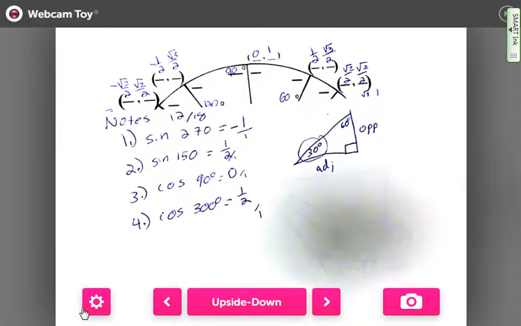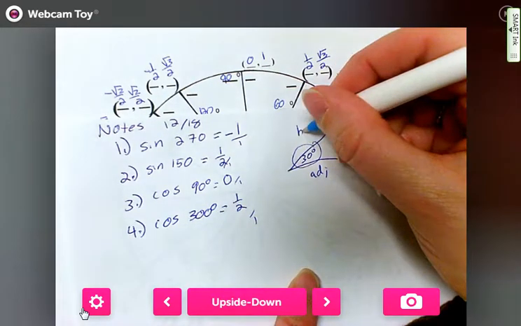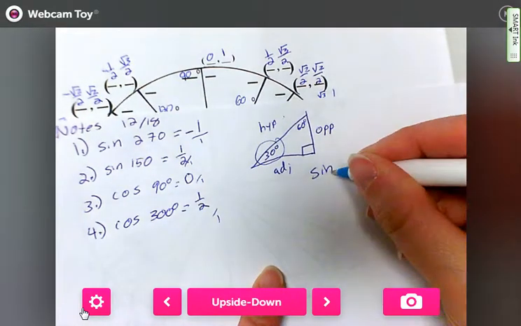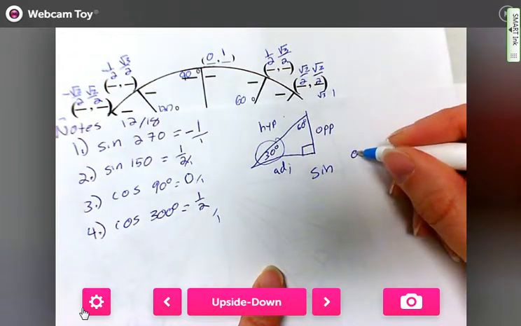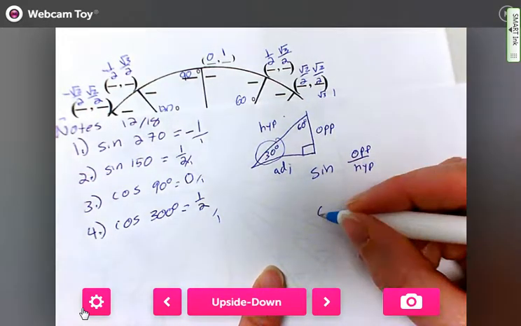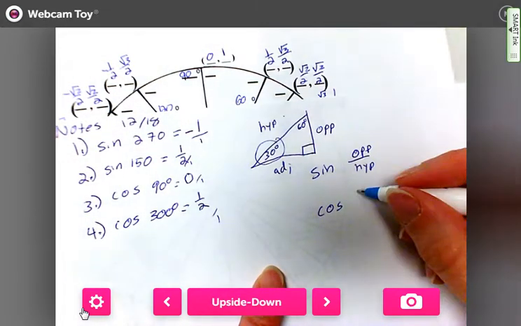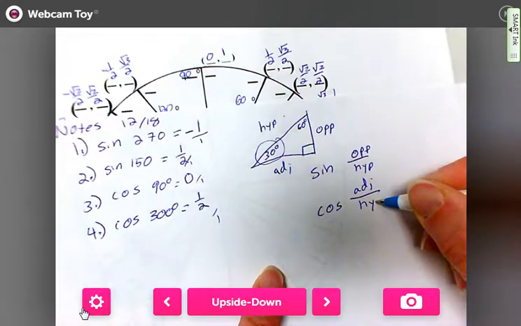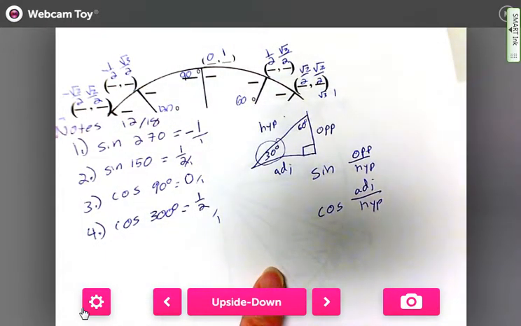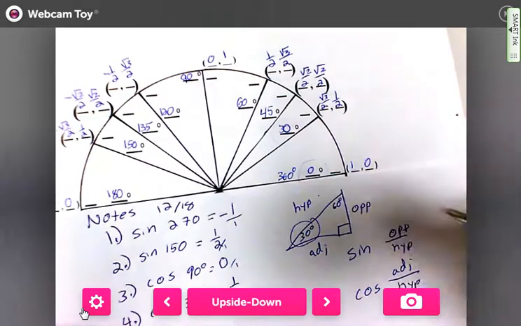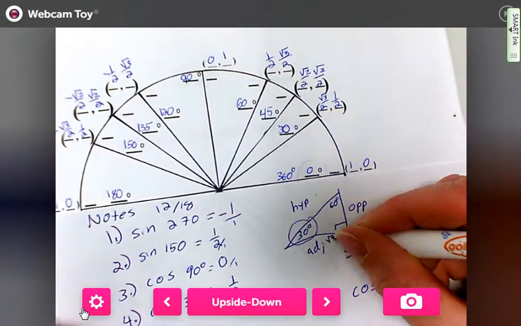Okay, and this is the hypotenuse. Sine is specifically defined as the opposite over the hypotenuse, where cosine is specifically defined as the adjacent over the hypotenuse. So if we were looking at 30 degrees, my adjacent is square root 3 over 2.